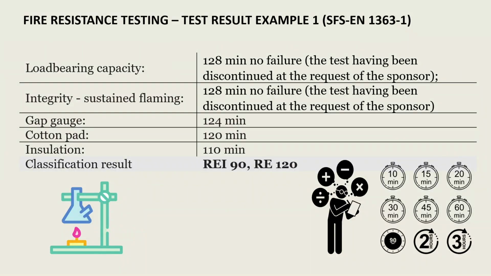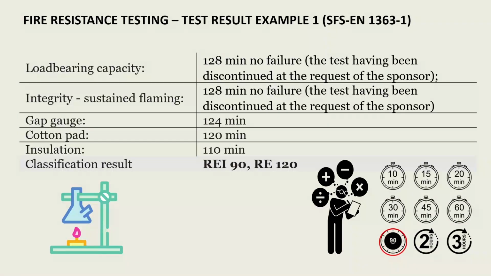So, given all of that information, the classification results can be represented as either REI 90 or RE 120. For REI 90, the specimen satisfies load-bearing, integrity, and insulation criteria for at least 110 minutes.